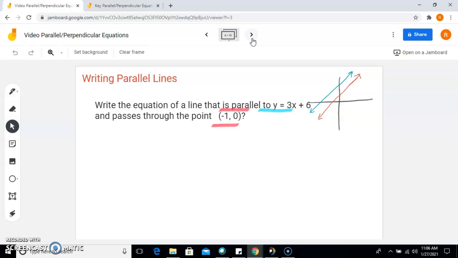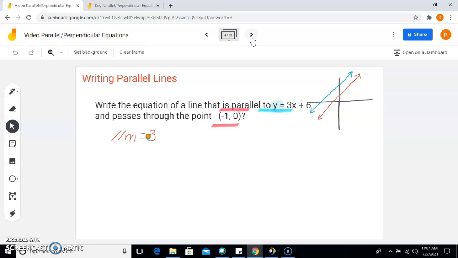So the first thing I need is my parallel slope. If I look at my original equation, my original slope is 3, which means my parallel slope is also going to be 3.